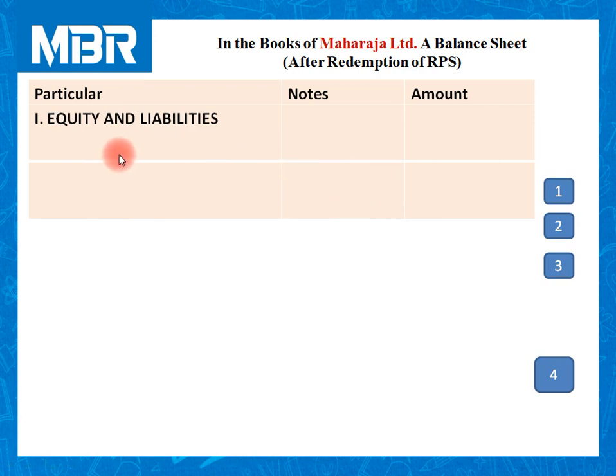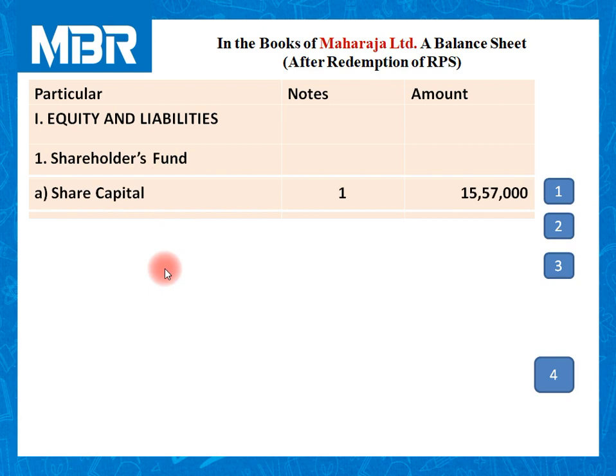First part, equity and liabilities. Equity and liabilities include shareholders' funds, and shareholders' funds include share capital. Note number 1 is all about share capital: 15,57,000.